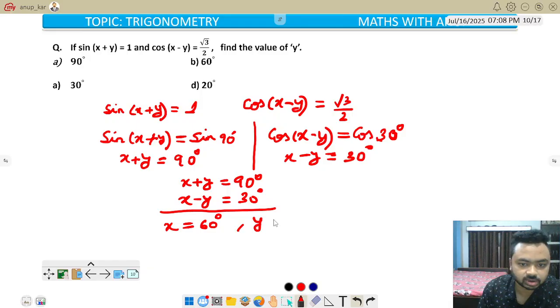And to find the value of y, we will subtract both of them and divide by 2. 90 minus 30 is 60, and 60 by 2 is 30 degree. See, 60 plus 30 is 90 degree. Okay, so my y value is option C, which is 30 degree. We were asked to find the value of y, so it will be 30 degree.